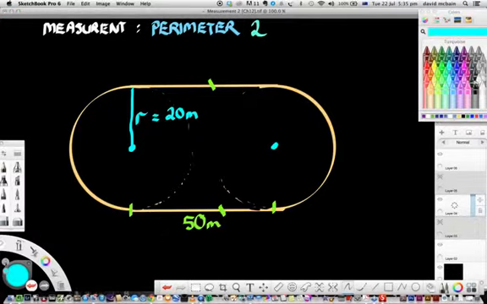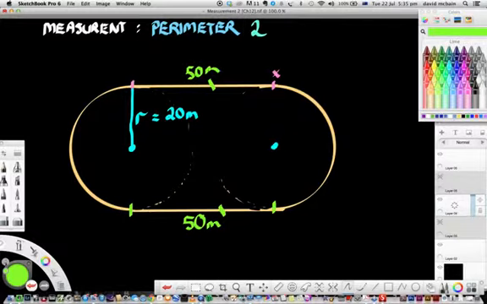So remember, once again, to find the perimeter, you find a starting point, any point, a nice convenient point, maybe the beginning here, and you have to work out the distance around the outside of our shape. Now remember, this distance from here to here, because it's the same as this distance, this will also be 50 meters.